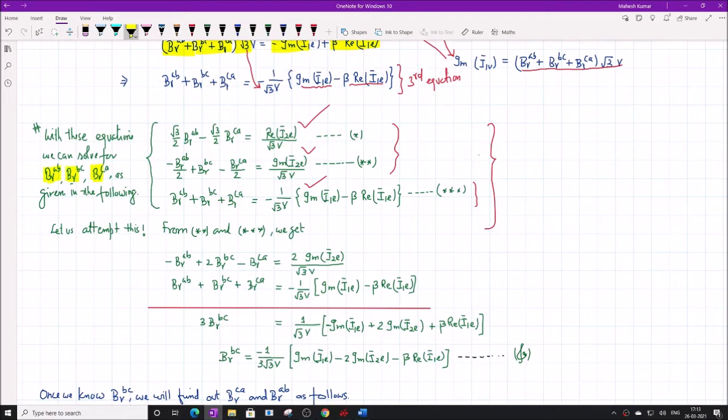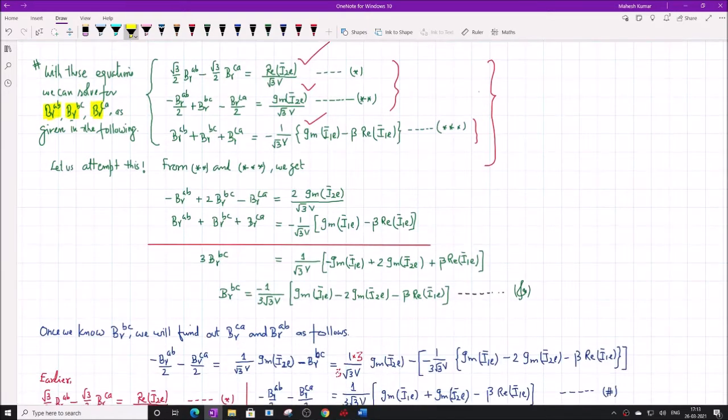Okay, we can solve these equations. Let us start from the star and 3-star equations, this equation and this equation. We can multiply equation star by 2.